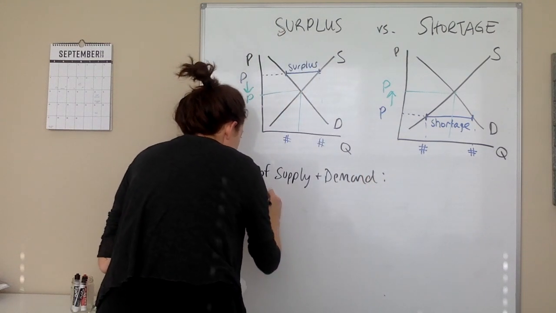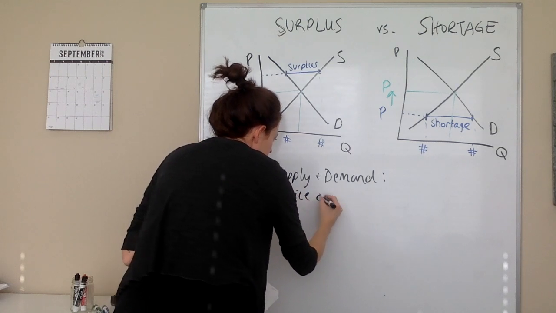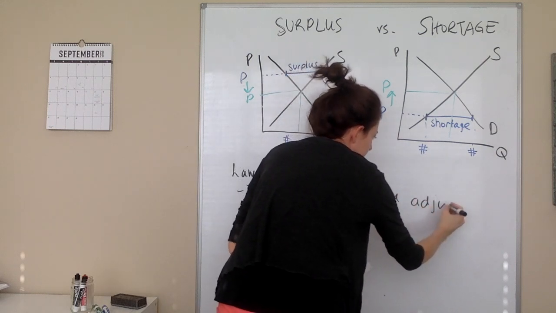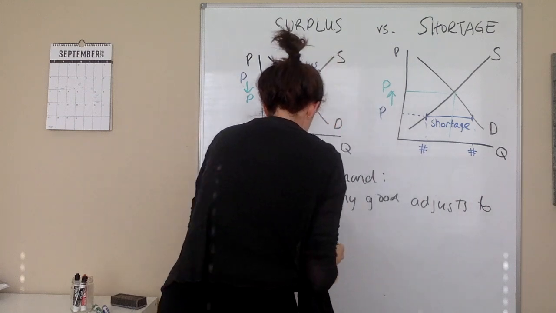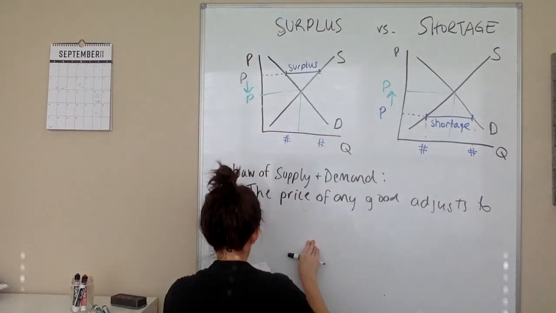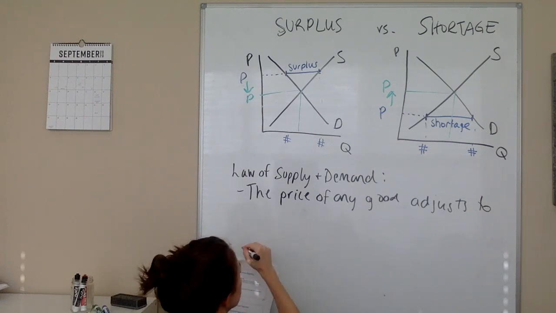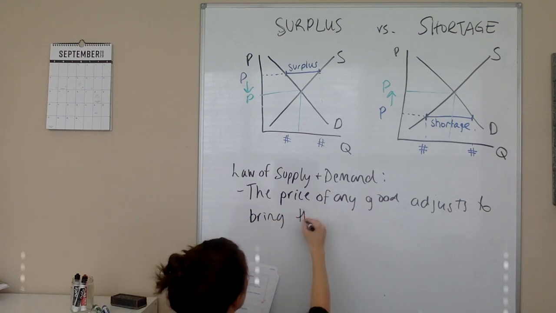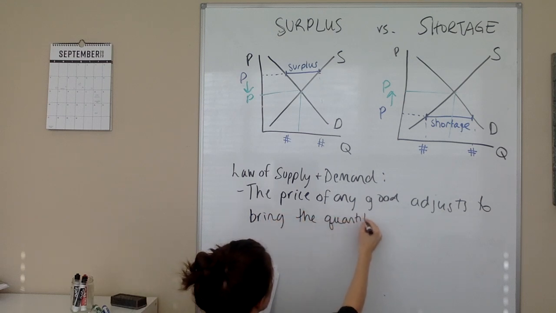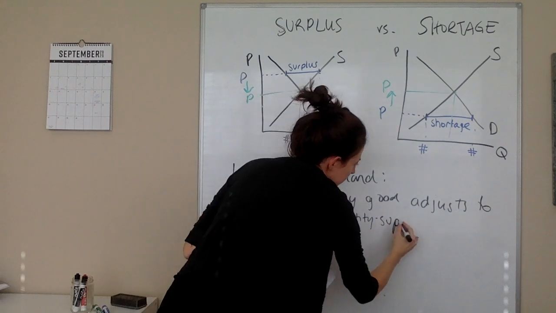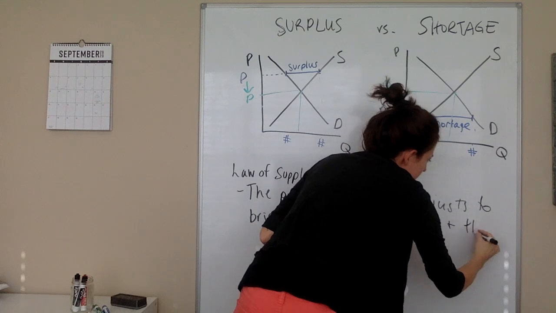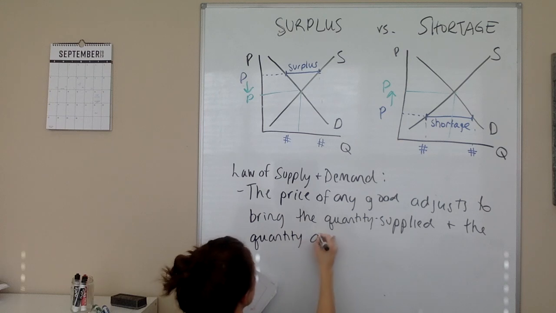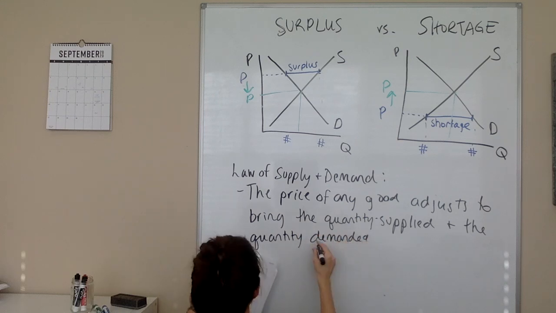So the price of any good adjusts to bring the quantity supplied and the quantity demanded into balance.